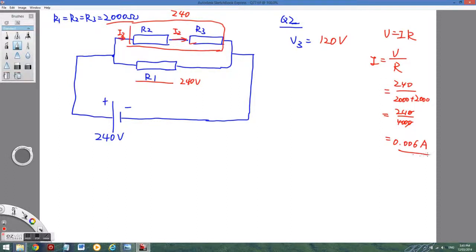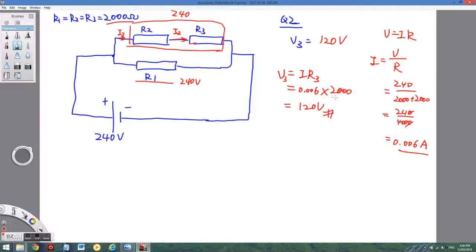From this, now V equals IR. Now V3 equals current times resistance 3, so it's 0.006 times 2000. It's going to be 120 volts.